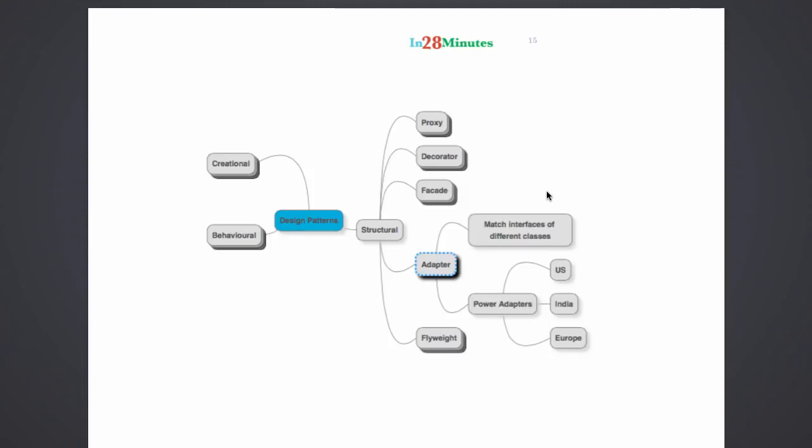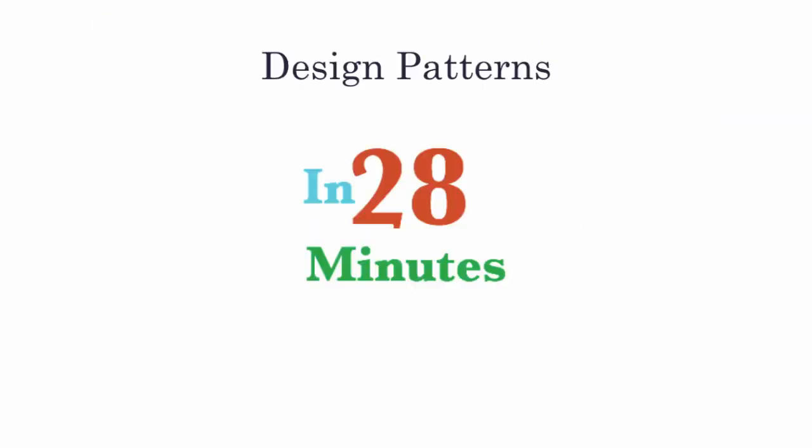Before I call a web service from my system, I need to convert the object into an XML or a JSON. This is nothing but an adapter pattern, because the way Java systems work is based on objects. But the web service expects a JSON. So what I would do is convert the object into a JSON and send it to the web service. And that's kind of an adapter.